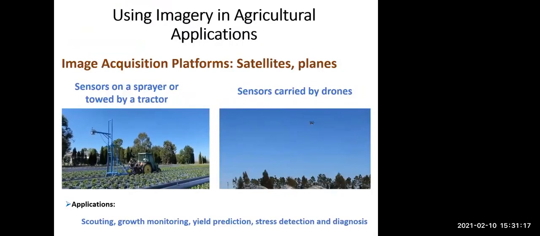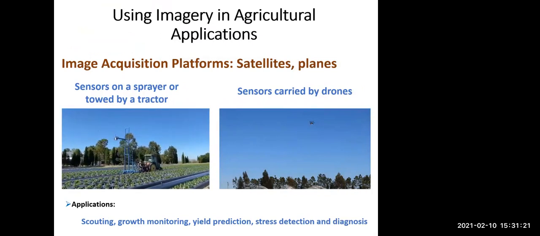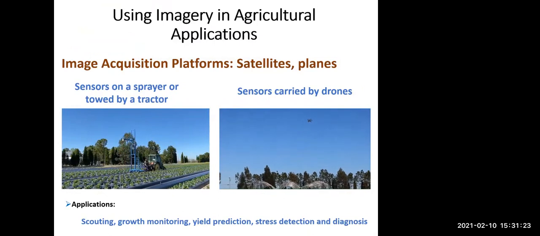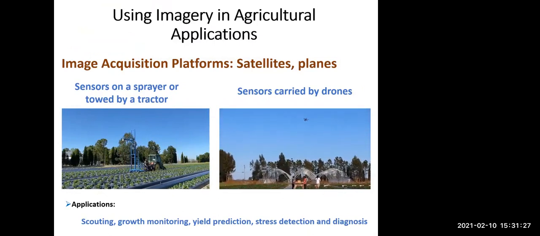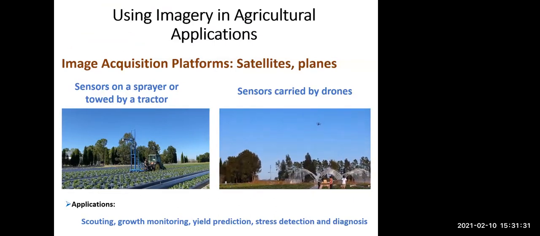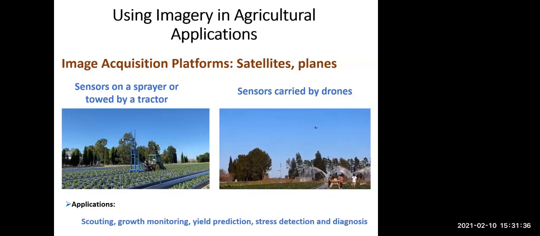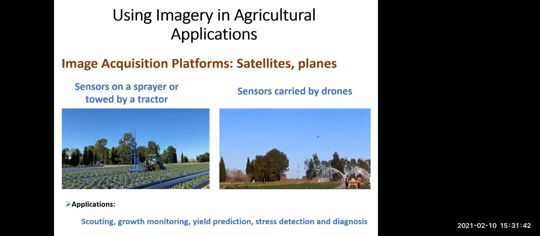Before I start introducing different applications where imagery was used, I would like to show a couple of platforms where cameras capable of capturing high-resolution imagery can be mounted. In the left picture here, we can see a platform towed by a tractor in the field where cameras are mounted. And in the right picture, we can see a camera mounted on a drone.